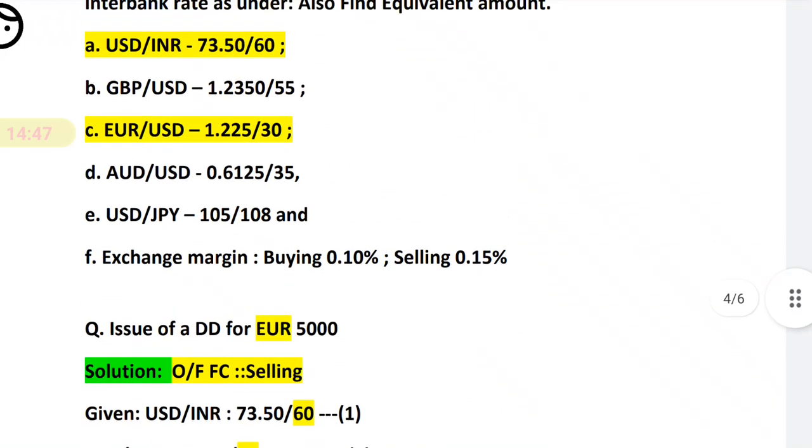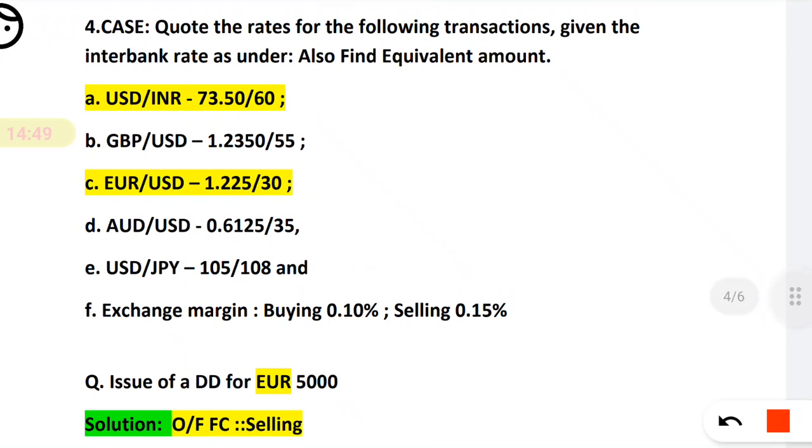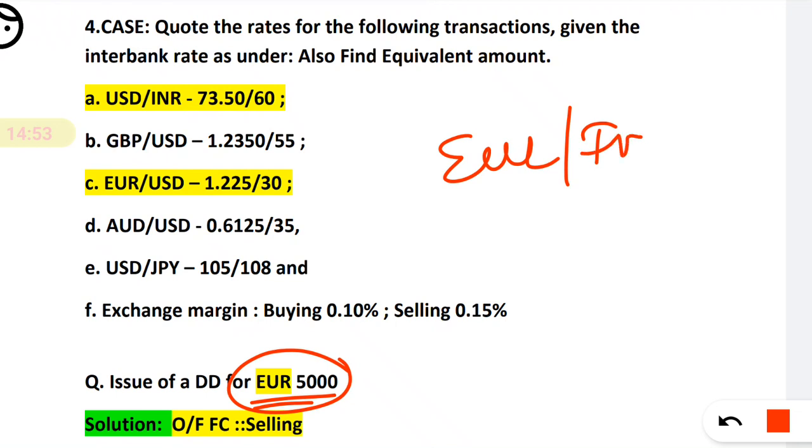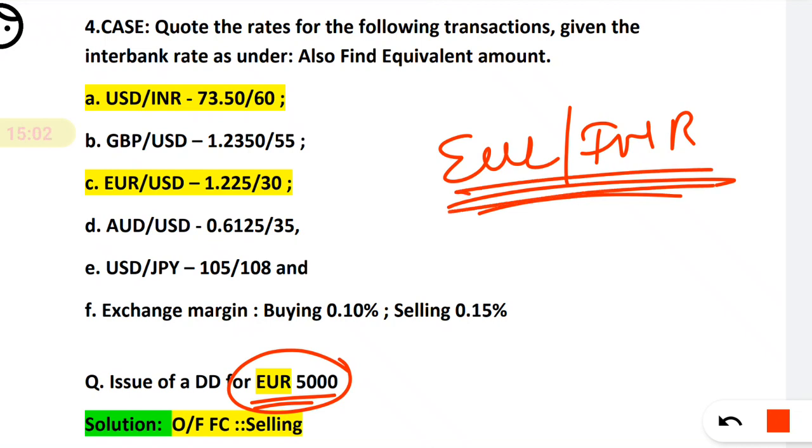So here what we have to do, we want the relationship between euro and INR. We want euro slash INR. Directly we are not having it, but we have to find two equations which we can correlate or adjust to get the required equation. In the first equation we have USD INR, and in the third, that is C, we have euro USD.